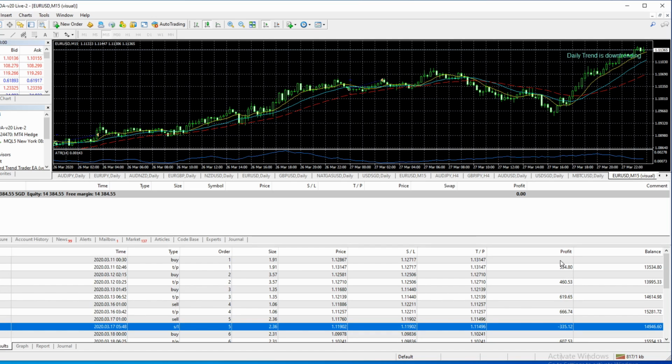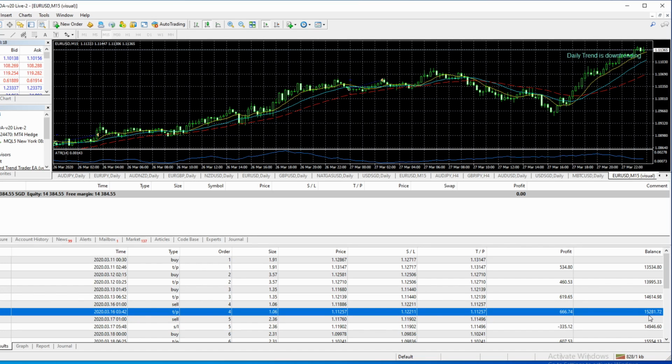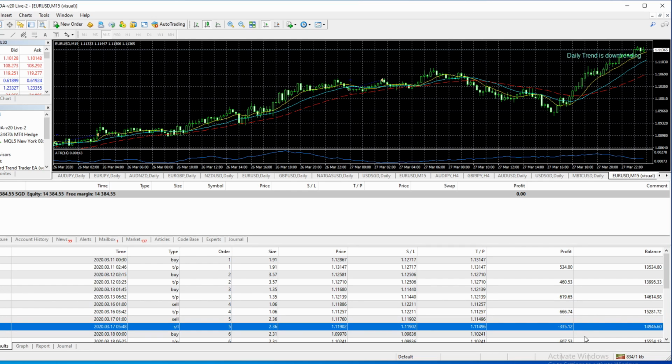So if I have a losing trade, it's about $330, which is about 2.5% of the account. Is it currently correct? Because at this point the account was 15,280. So let's say it's 15,200 times 0.025. That should be about $380. So 335 for a loss. Yeah, it's pretty close.